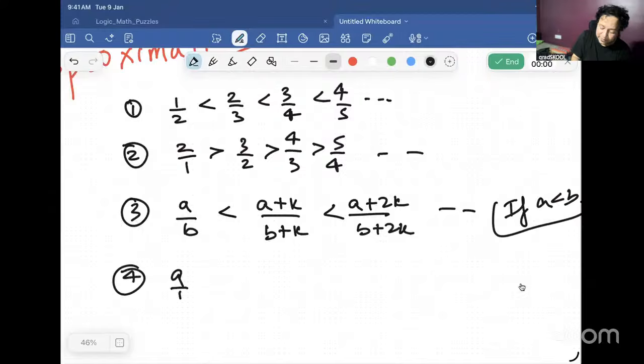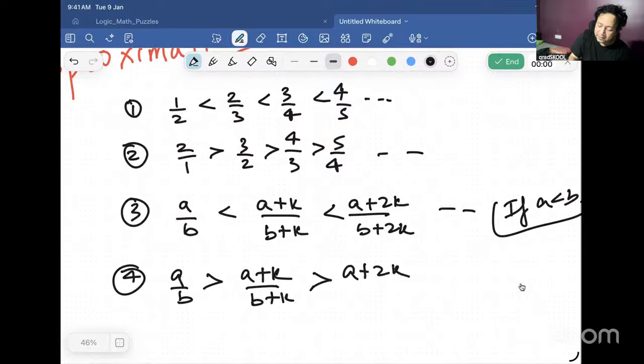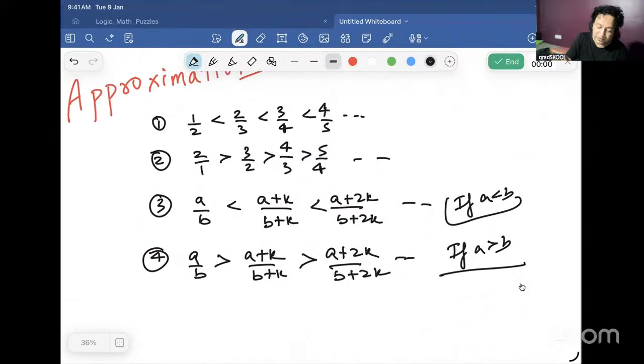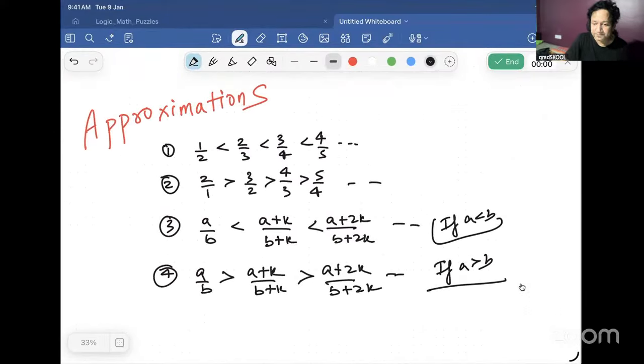Fourth, A by B will be greater than A plus K upon B plus K, greater than A plus 2K upon B plus 2K, and so on, if it's an improper fraction. That means A is greater than B. Note this first of all. I'll wait for a minute.